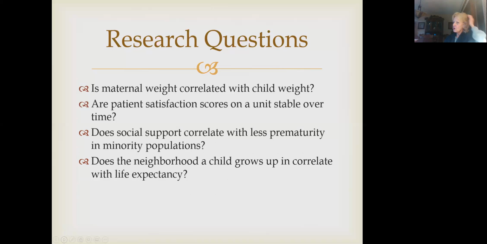So again, you could correlate those over time. Does social support correlate with less prematurity in minority populations? Does the neighborhood a child grows up in correlate with life expectancy? So those are just examples of research questions that you could use a correlation design.